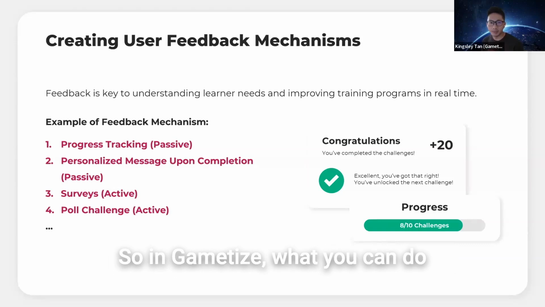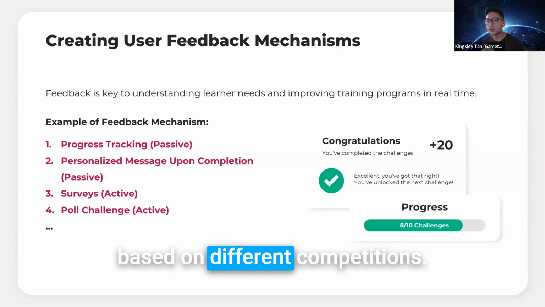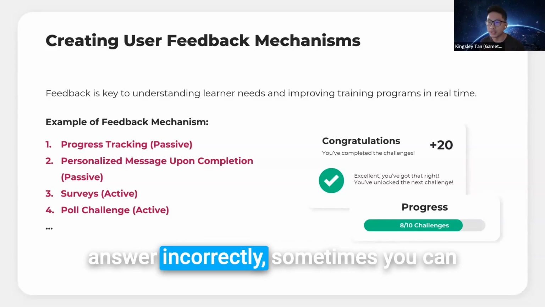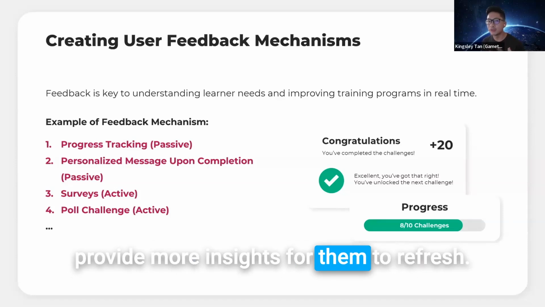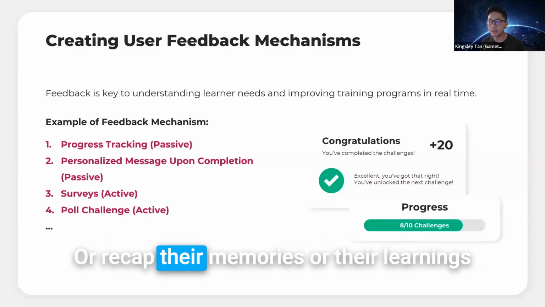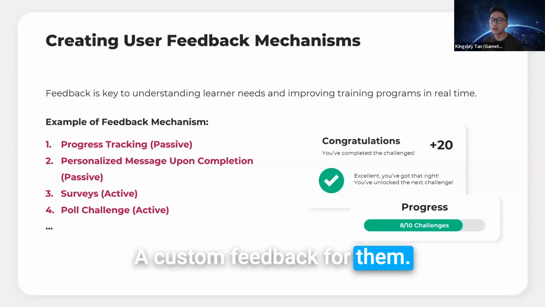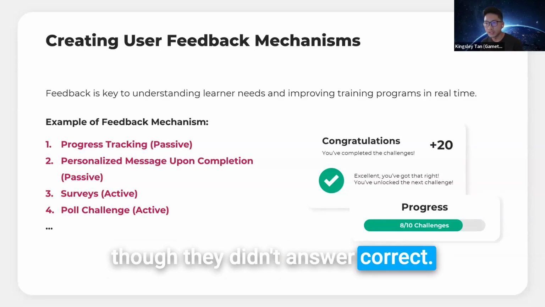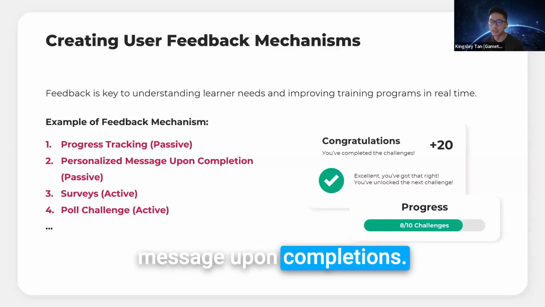So in Gametize, you can customize feedback based on different completions. For example, if a player answers incorrectly, sometimes you can provide more insights for them to refresh or recap their learning through this custom message. A custom feedback for them, so they can continue to learn even though they didn't answer correctly. That's what we mean by personalized message upon completion.